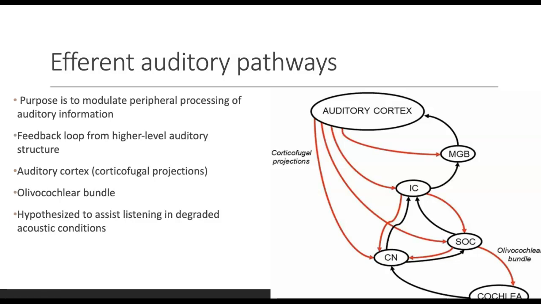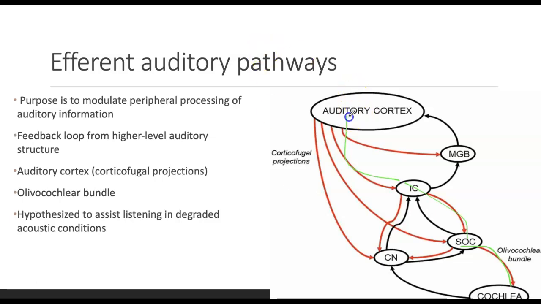So the corticofugal projections, meaning from the auditory cortex down to the inferior colliculus and then down to the superior olivary complex. And then you go down to the cochlea. So essentially, these efferent pathways provide a feedback loop. Hey, this is going on up in the auditory cortex. Let's change the way we're processing things at the other levels. Okay, so those are efferent pathways.